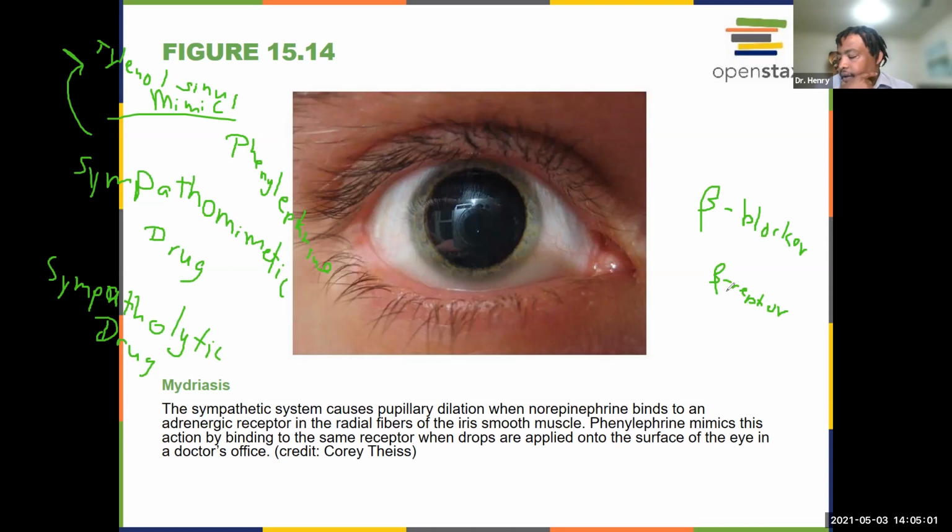There are also drugs that are going to affect the fight or flight response, and then we also have the ones that are going to affect the parasympathetic pathway as well.